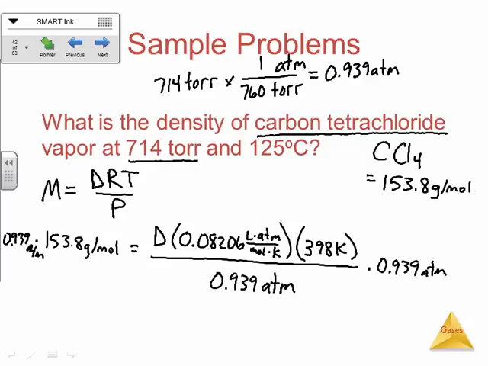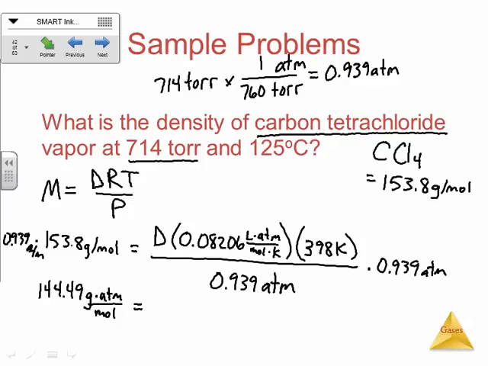And so once we do that, we end up with 144 point, and I won't round until the end here. This is grams per mole. I guess it's technically grams times atmospheres per mole, which is a strange unit, but I'm trying to keep track of my units here so that I can show you something, okay?